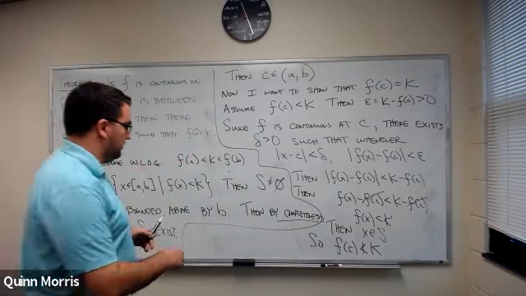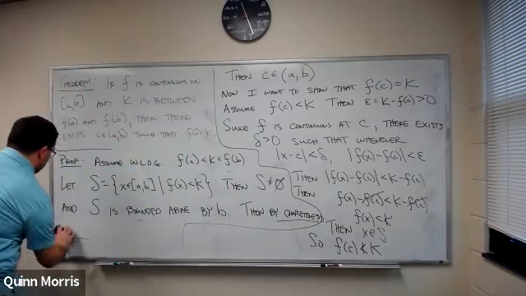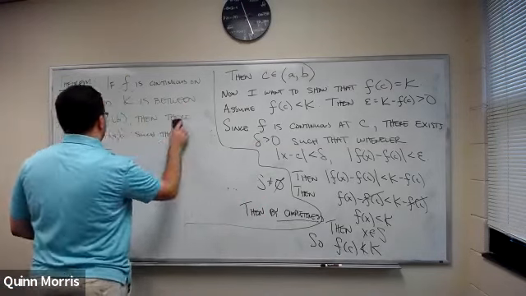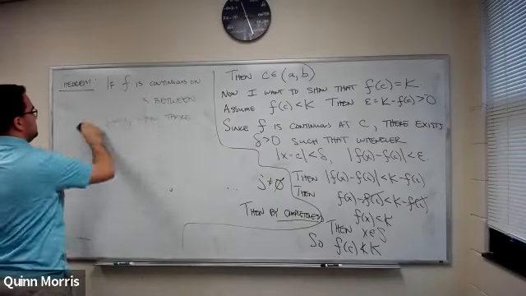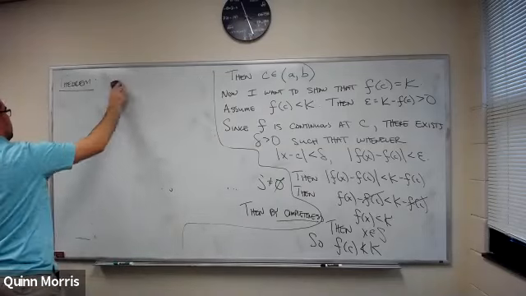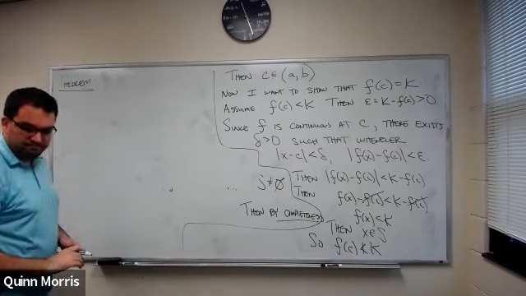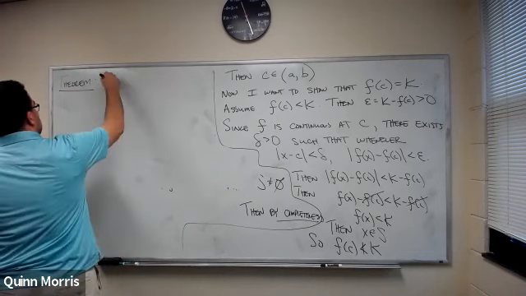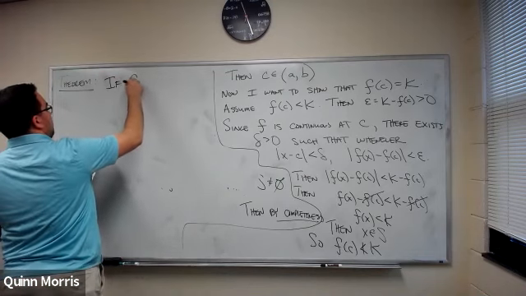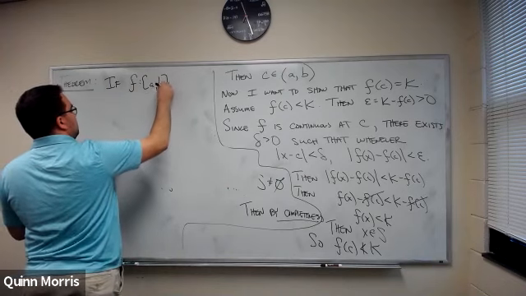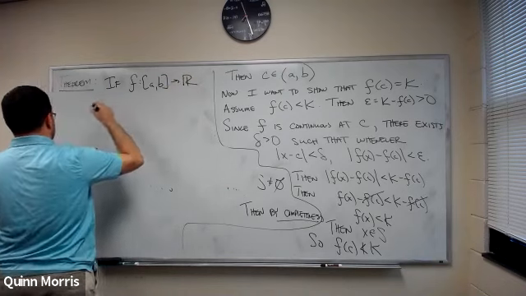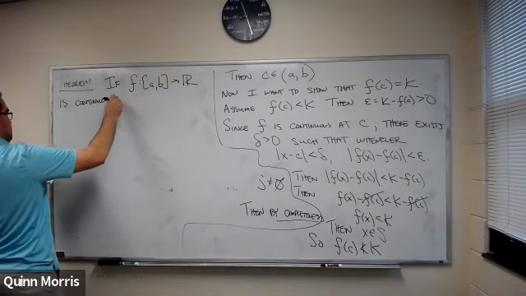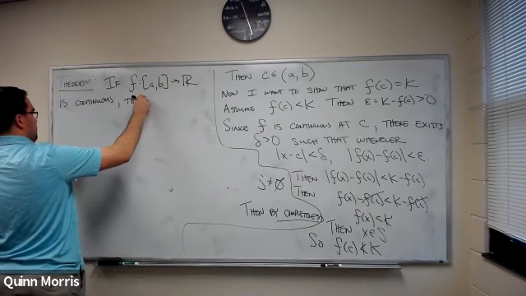Okay. All right. So the last thing I want to talk about, and we actually won't look at the proof of this because I'm going to have you do most of that in the exercises, is the extreme value theorem. So the extreme value theorem says if f from A to B in R is continuous, then two things.